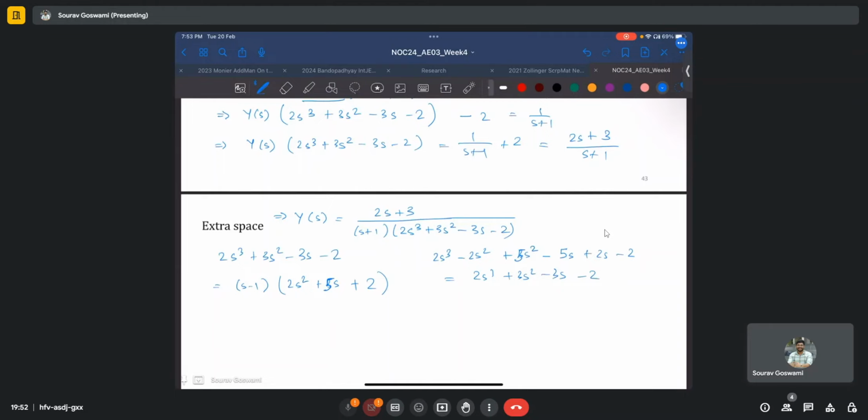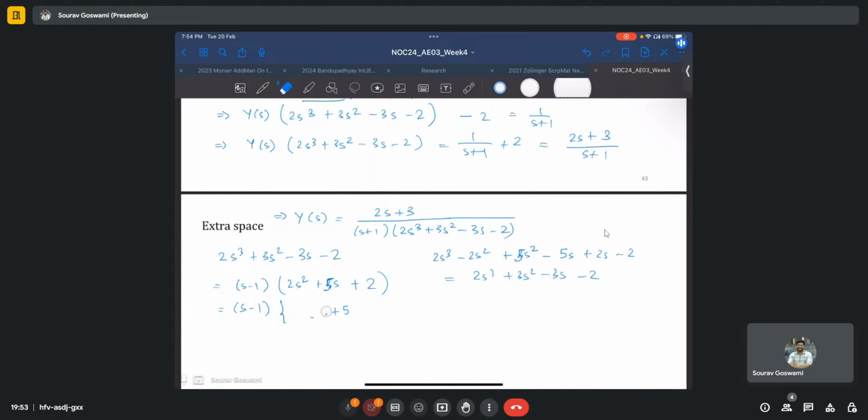Let's see if we can do better. So this is 2s square plus, so if I take s common, 2s plus 5, 2s square plus 2s plus 3s plus 2.